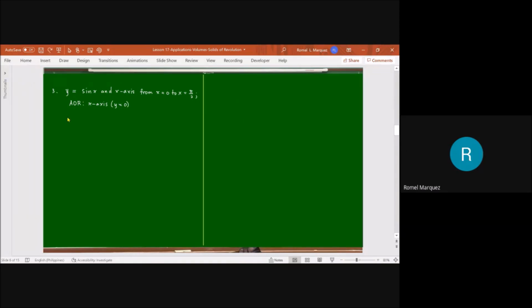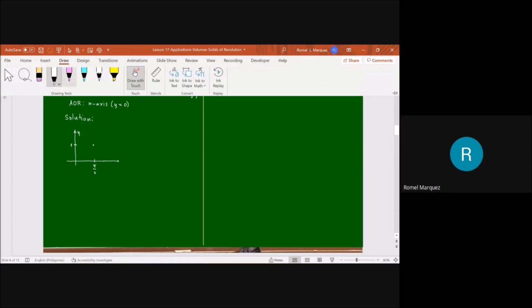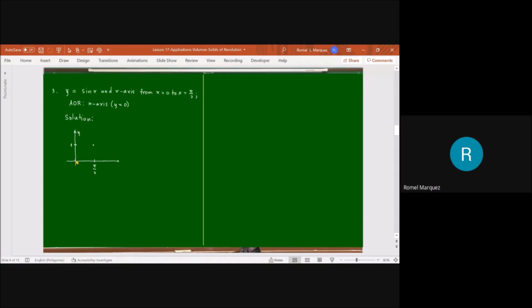Okay? So, solution. I think we can go directly to the graph because this is sine, and you should know how to graph the sine function by this time, especially if you're ECE, because you will be dealing with sinusoidal behavior. If this is 1, this is pi over 2. This is the graph of the sine function.